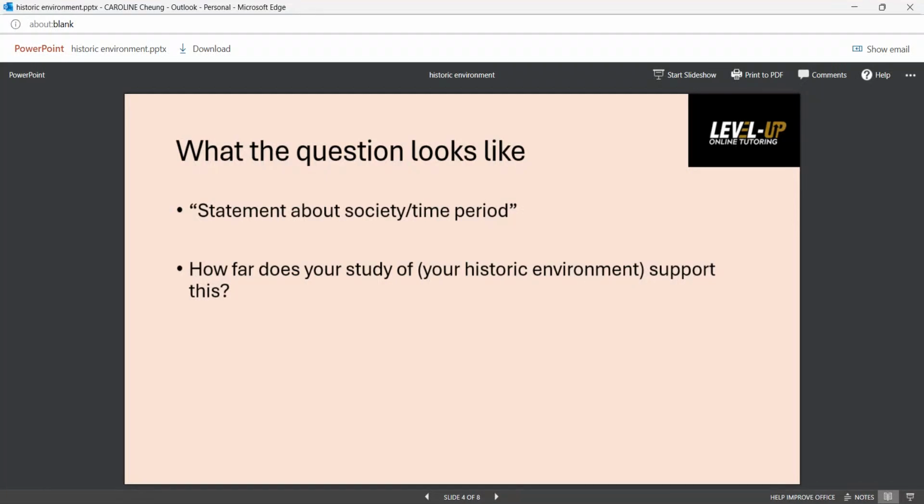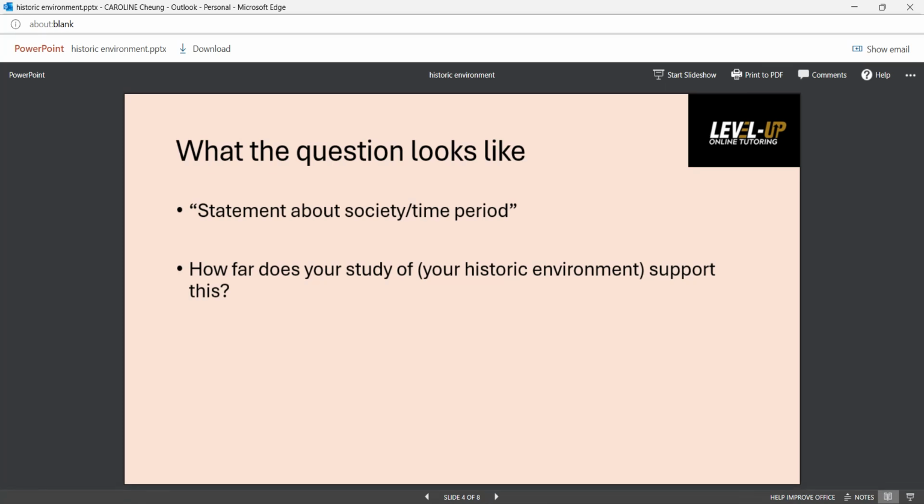So how far does your study of Hardwick Hall, Durham Cathedral, the Royal Observatory support this? So they make a statement about the whole time period. Based on what you know about that one particular example you've looked at, does it back it up?